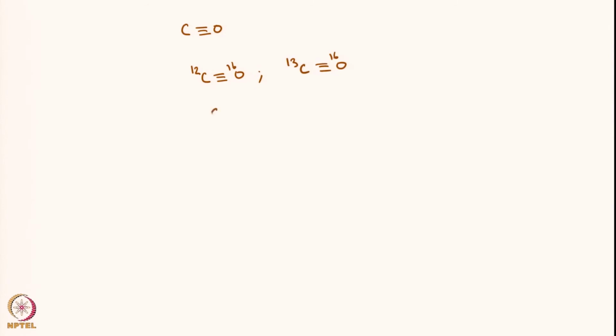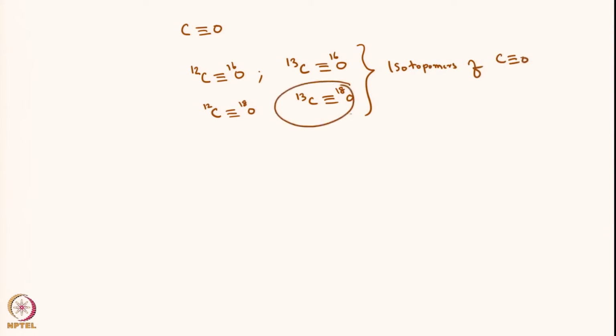The third one will be 12CO18. Of course, the fourth one will be 13CO18. There is also oxygen 17, but we will not get into that. These are the four possible isotopomers of CO. Now, I do not have data for all of these, so I am going to ignore some.